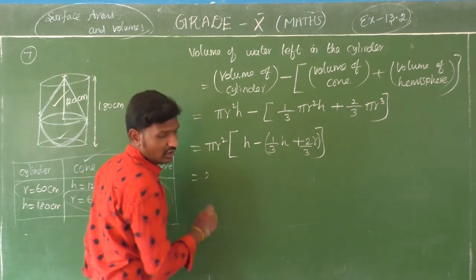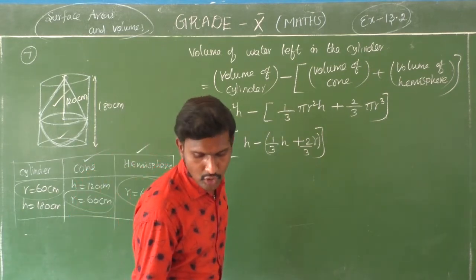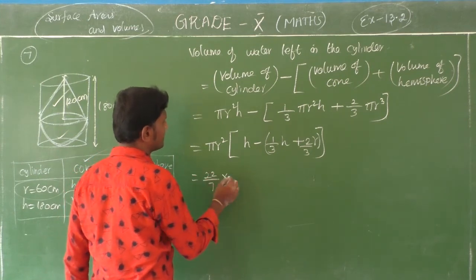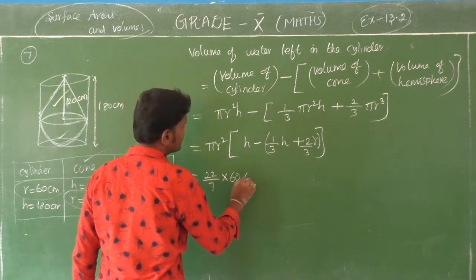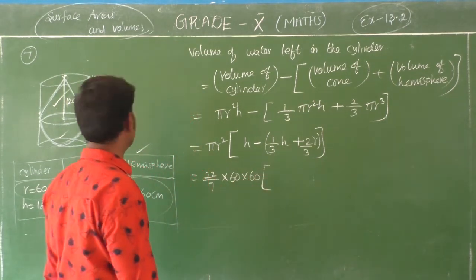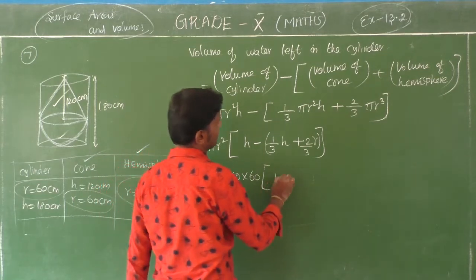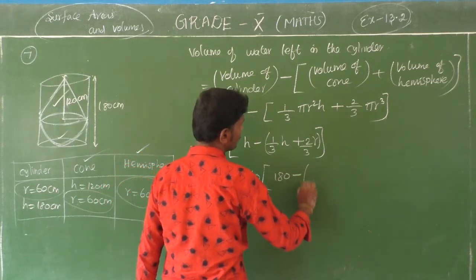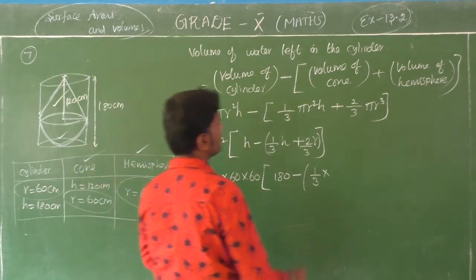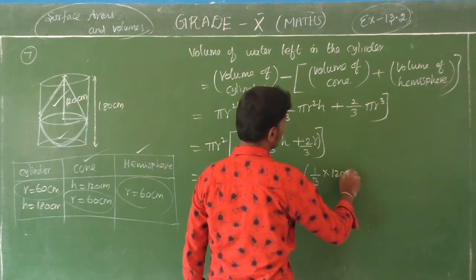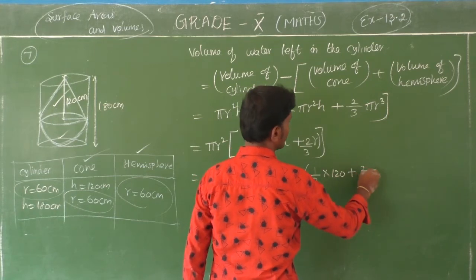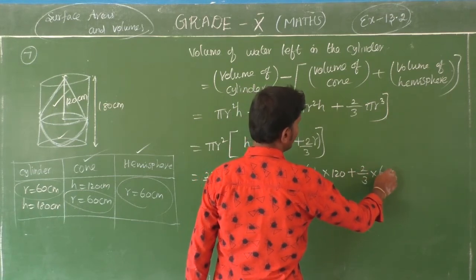The value of pi, is anything given to you? No, student. So you simply substitute pi equal to 22 by 7 and radius is 60 into 60 into the height of the cylinder 180 minus 1 by 3 into height of the cone 120 plus 2 by 3 into radius 60.